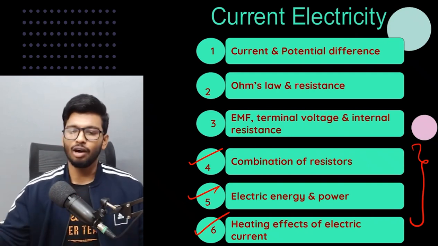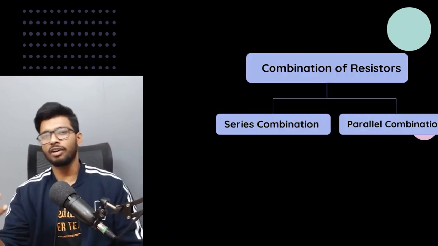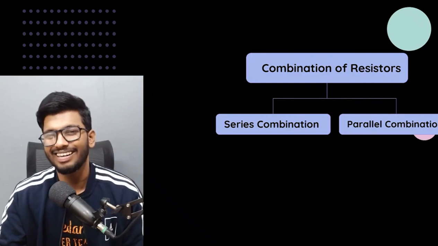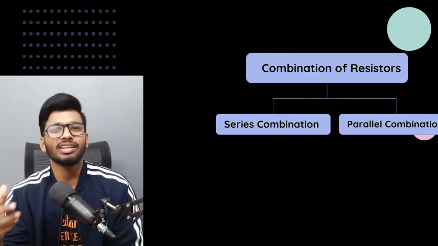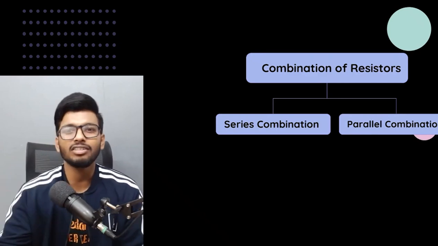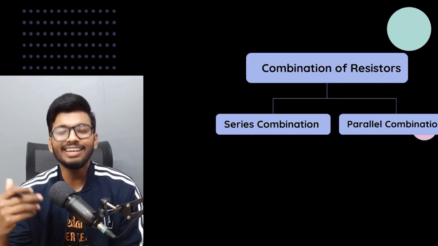Right, guys? So without wasting much more time, let's get on to the first topic in our hands, which is nothing but resistors. In the last session, guys, we understood what is resistance and what are the factors affecting resistance. But what we did not talk about are the real world scenarios.